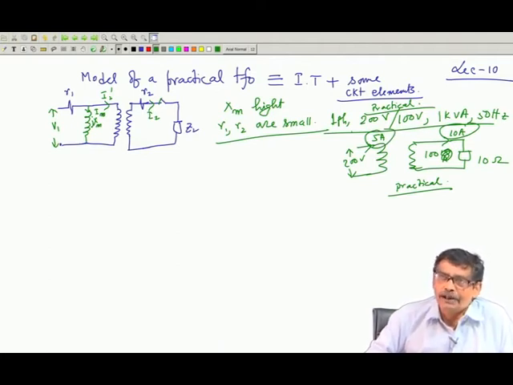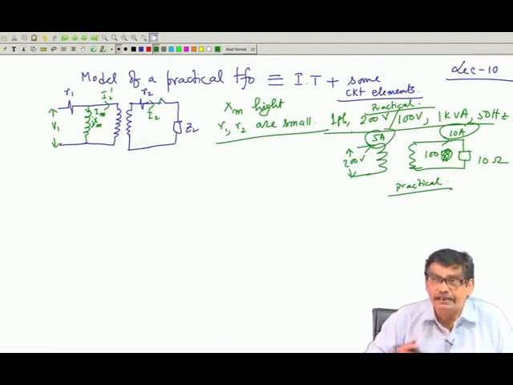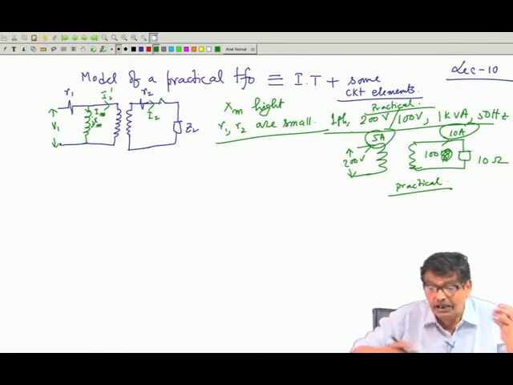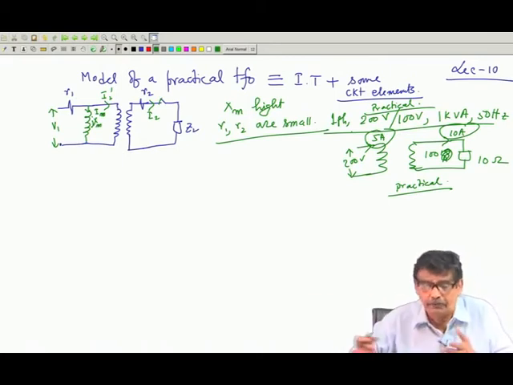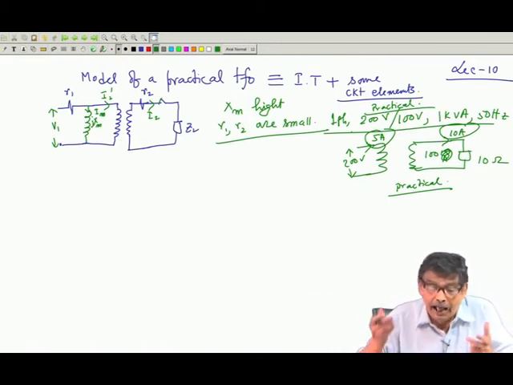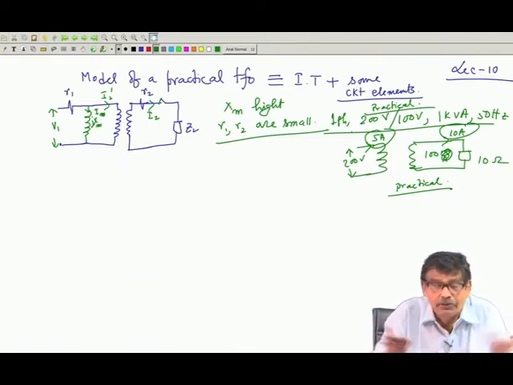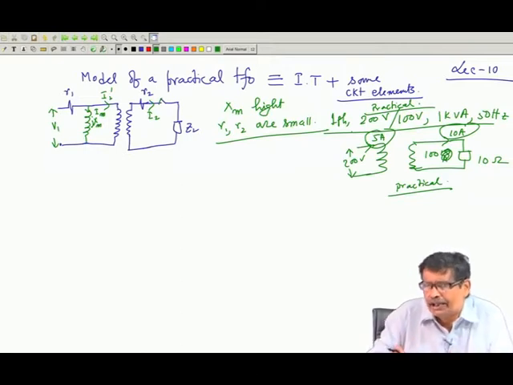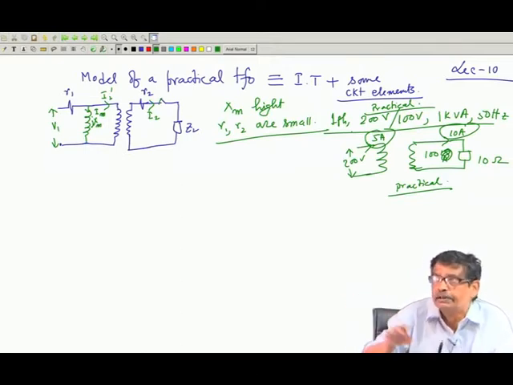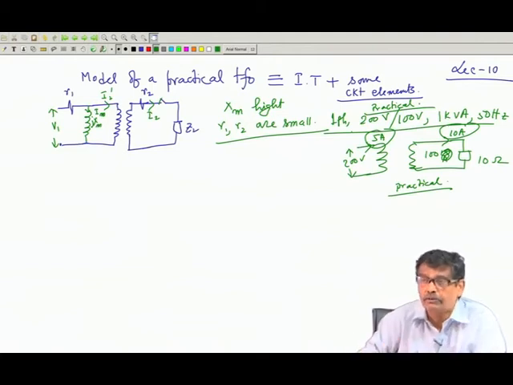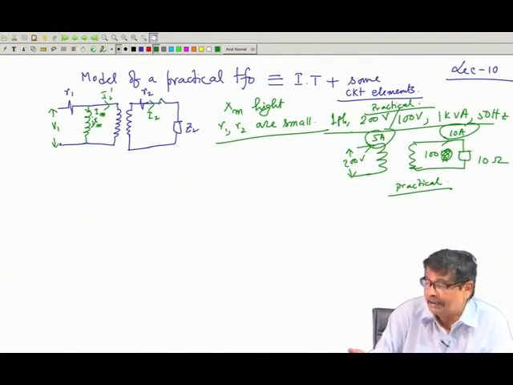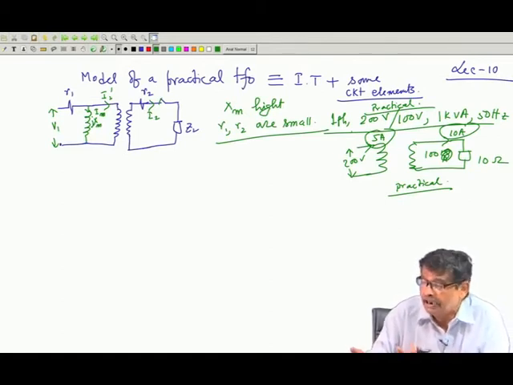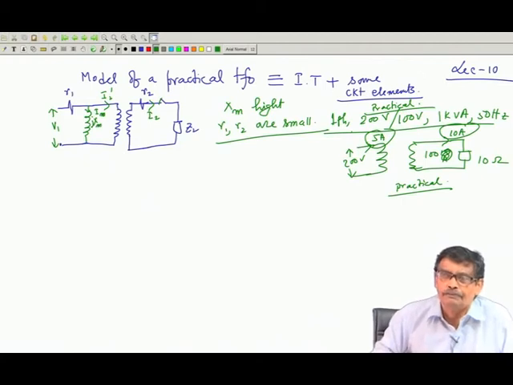So the concept of ideal transformers helps me in many ways. In a very complicated circuit with so many transformers, each one will have R1, R2, Xm1, Xm2, but I know Xm is high, R1, R2 are small, so neglect them. For getting a quick idea of the order of the current and the order of the voltage across the load: in a practical transformer, instead of 100 volt when you apply 200 volt, because of this drop it may be 96 volt, but who cares.